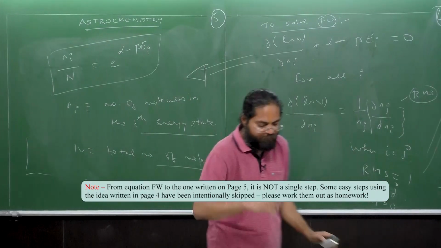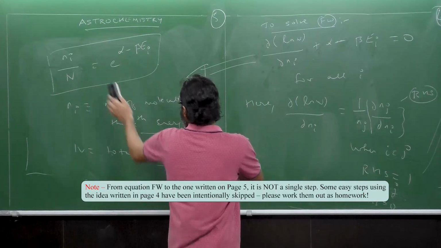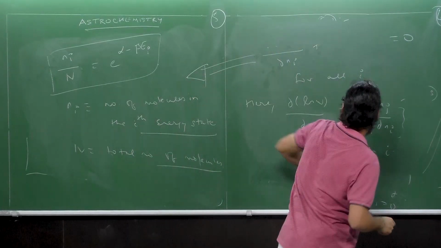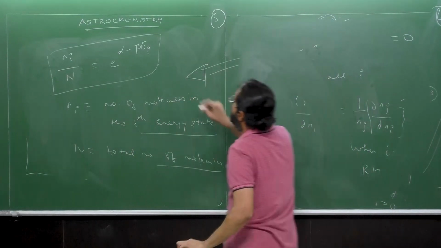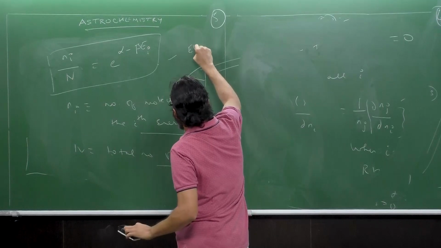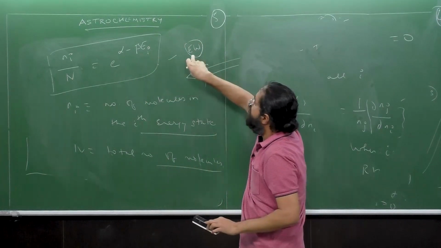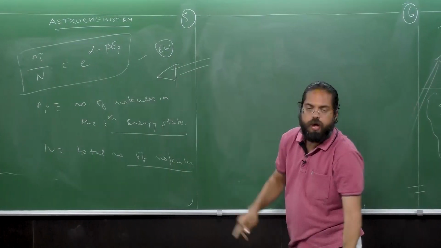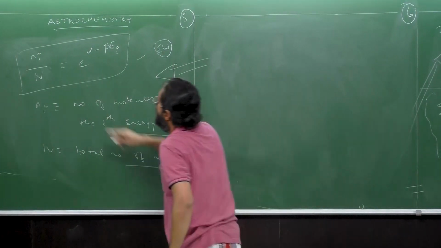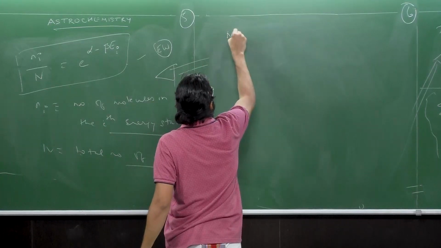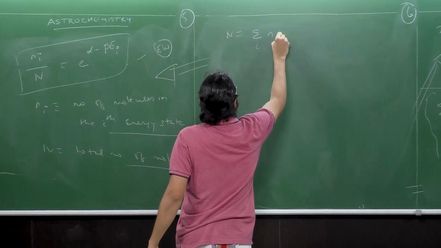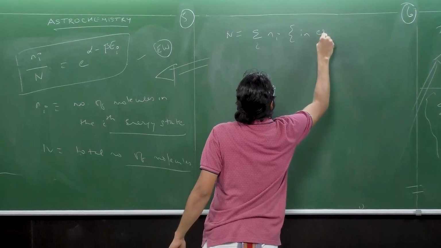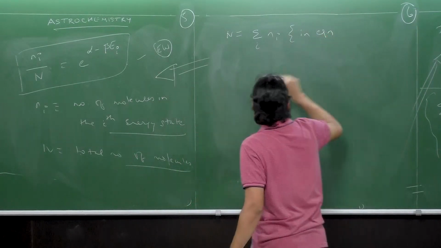Okay, so we have this, and from this expression, I'm going to call this expression EW, for exponential form of expression W. So from expression EW, I'm going to use the idea that N is nothing but the sum of Ni in equation EW.